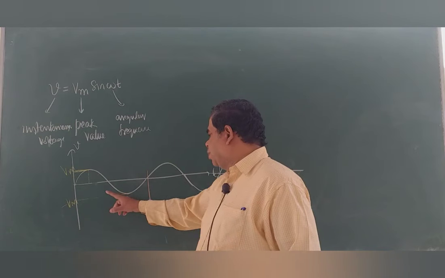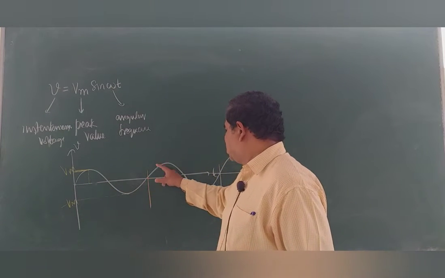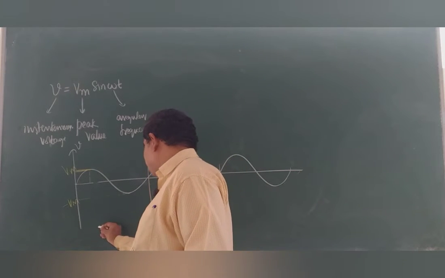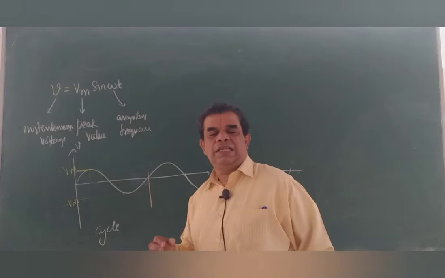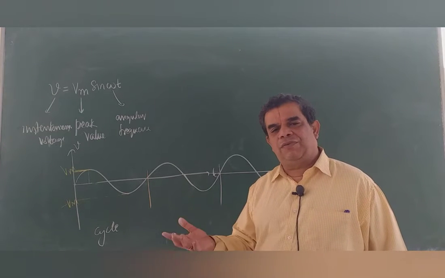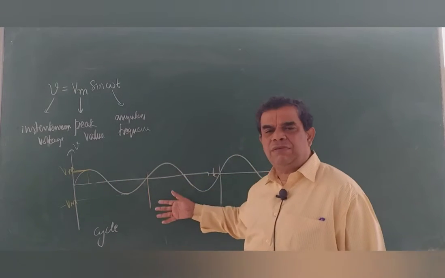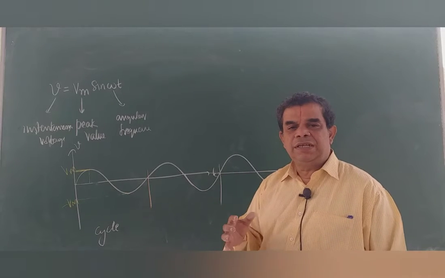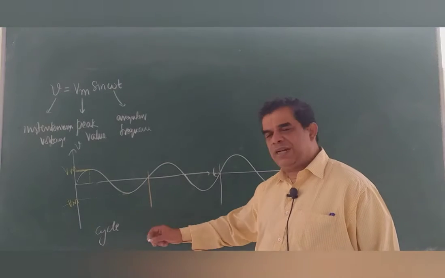Now, this one complete set of repetition, here to here, which repeats again, is what we call as one cycle of AC. One cycle of AC is the complete set of variation, either of current or of voltage. Here we have written voltage. If we change this as current axis, the same curve for the current is also possible. So one cycle of AC means the complete set of variations of AC.